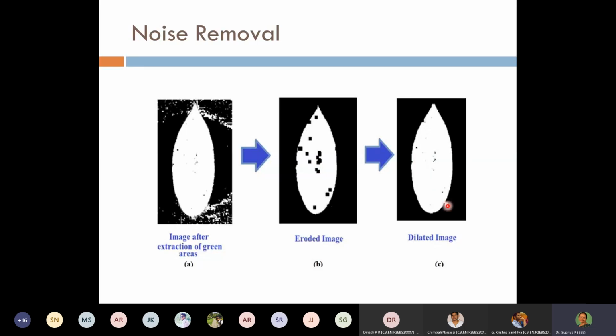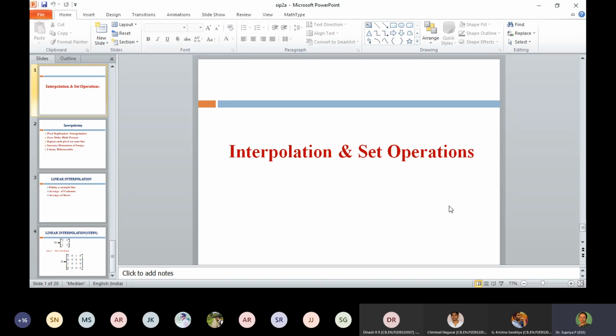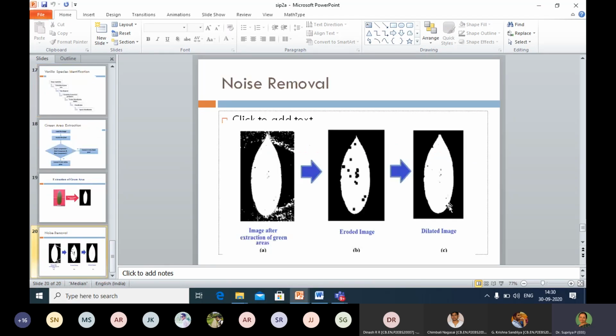But when dilation is carried out, please see that there is an extra white spot here, which means the perimeter will turn out to be a larger value because of this elongation, because it will also be considered part of the leaf. This will turn out to be an error, but that was attempted first, and to give you an introduction to this particular problem, this concept was discussed.